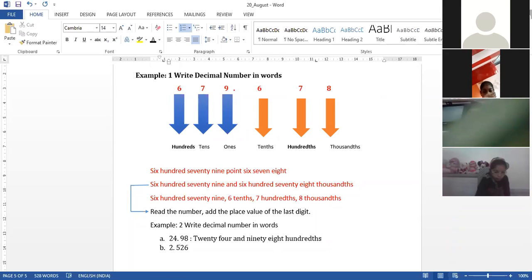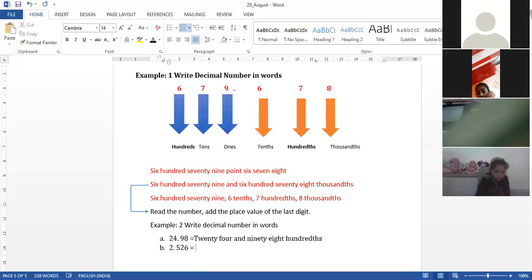B question: 2.526. How to write, students? Now the last digit is present on which place?